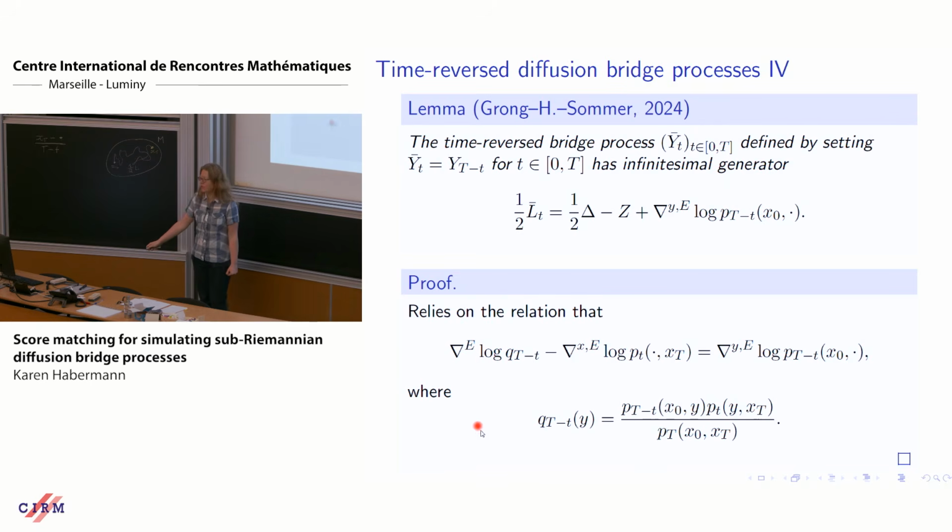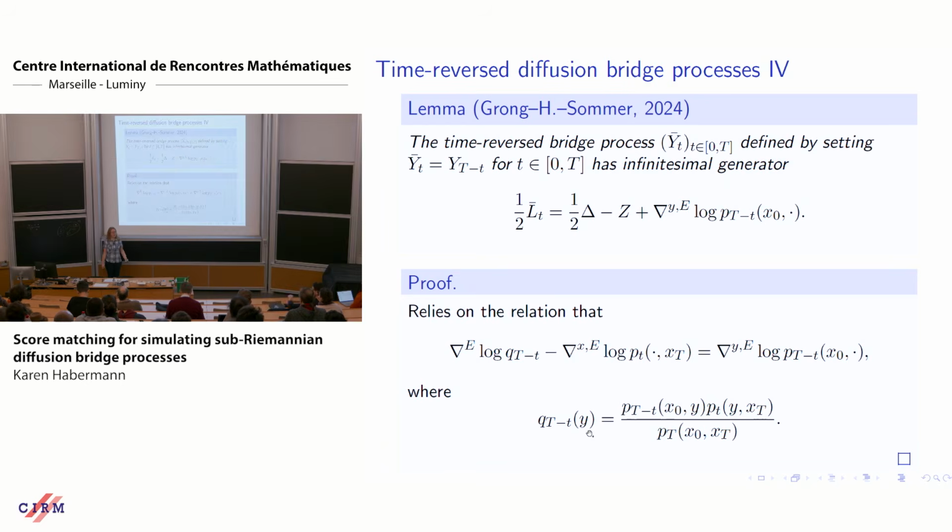You can think of it this way: if the bridge process wants to be at y at time capital T minus t, we first have to go from x0 to y in this time, then we have to go from y to the endpoint in the remaining time, and then we divide through by all the mass where you go from x0 to xt.